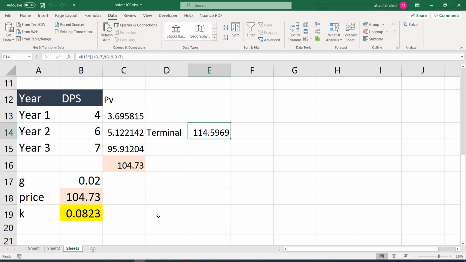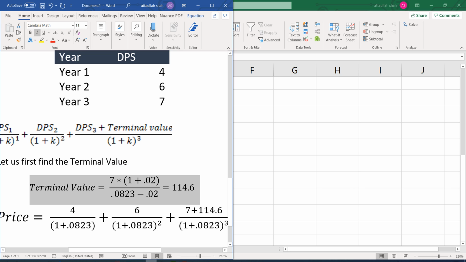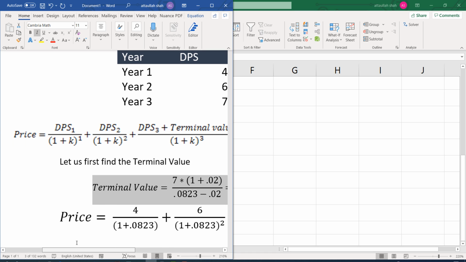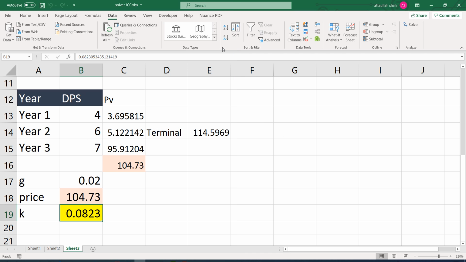And there we go. So it found the cost of capital 0.0823, which is exactly the same that we had used previously.